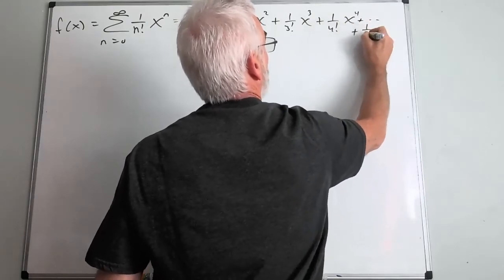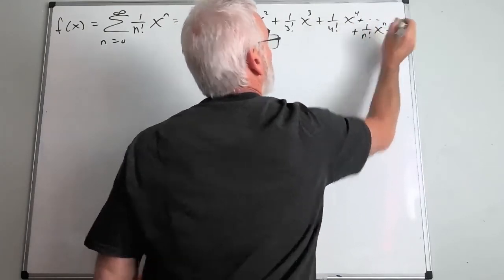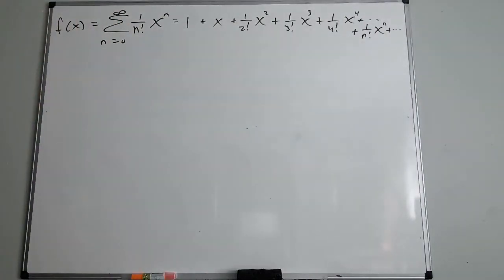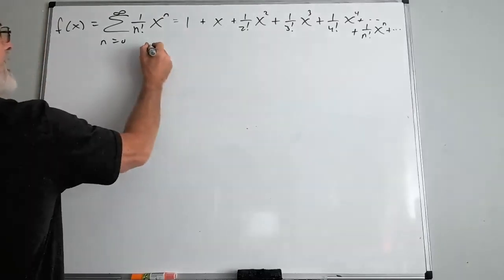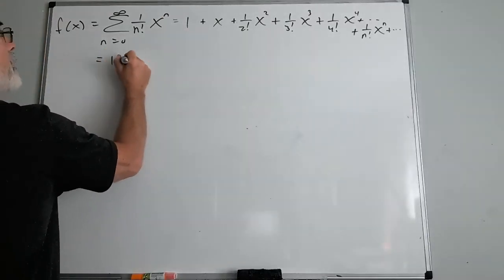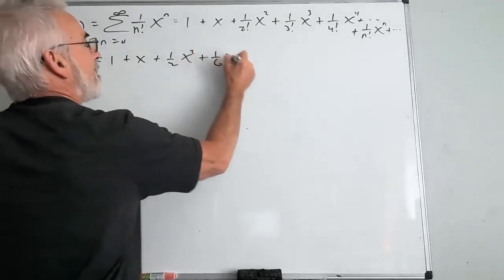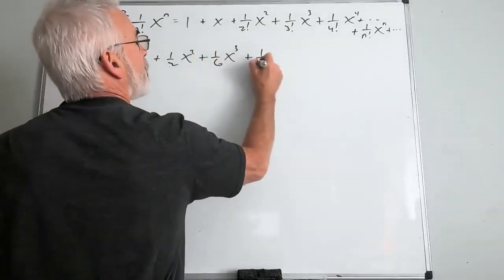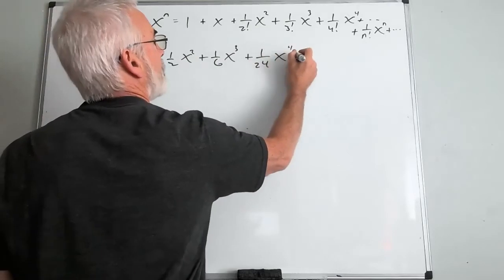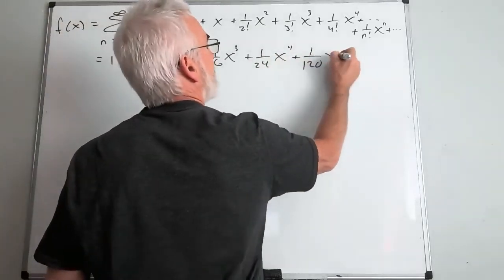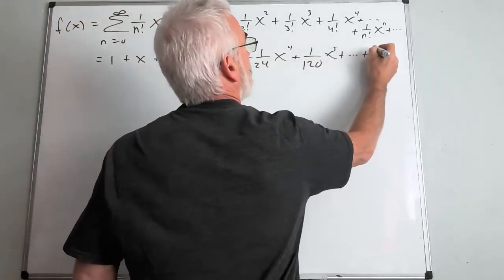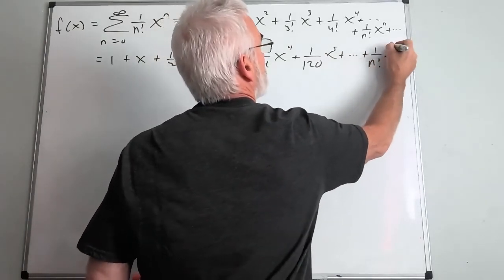And then we'd say 1 over n factorial x to the n. The dot, dot, dot means continue. Can I simplify these? Yeah, actually I can. So this would be 1 plus x plus a half x squared plus a 6th x cubed plus 1 over 24 x to the 4th. One more, 1 over 120 x to the 5th, plus 1 over n factorial x to the n.